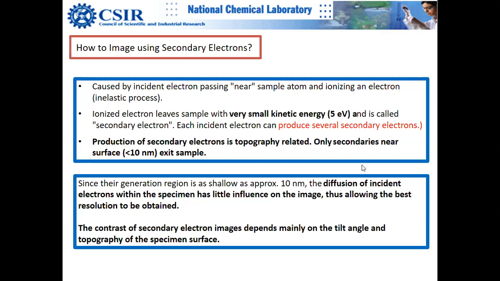So when you are looking for chemical information about your sample, please remember that backscattered electrons carry the subsurface atomic information. For example, your composition is varying in your sample.